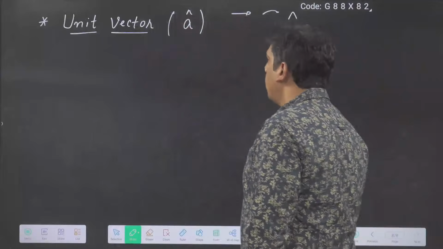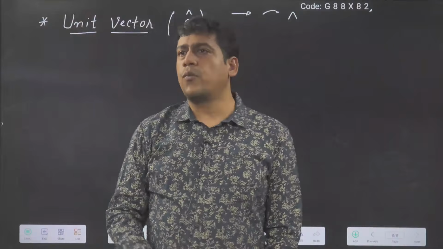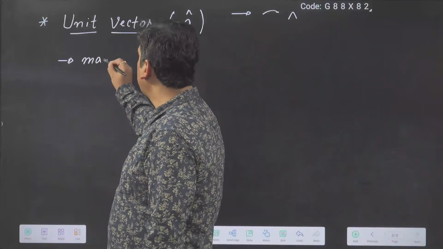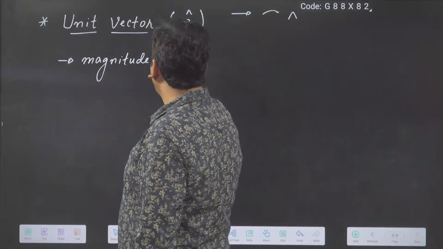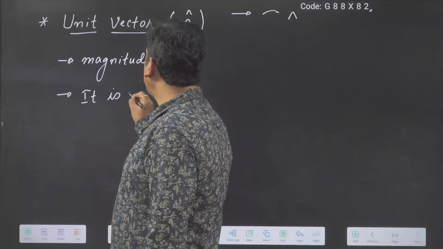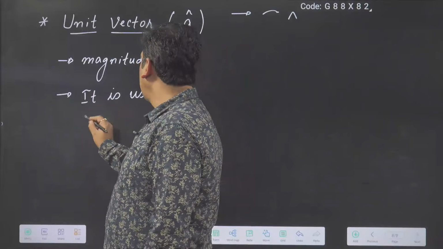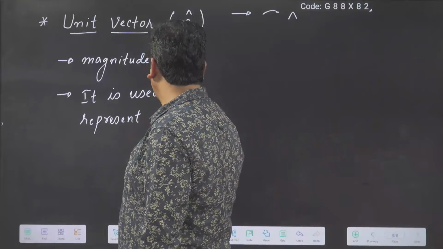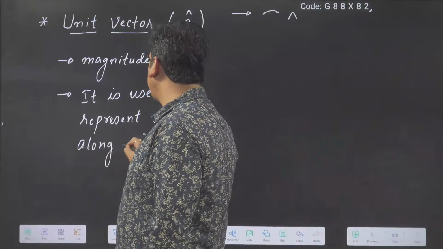Now, what is a unit vector? Unit means one. So a unit vector is something whose magnitude is 1, and a unit vector is used to represent direction along any vector.